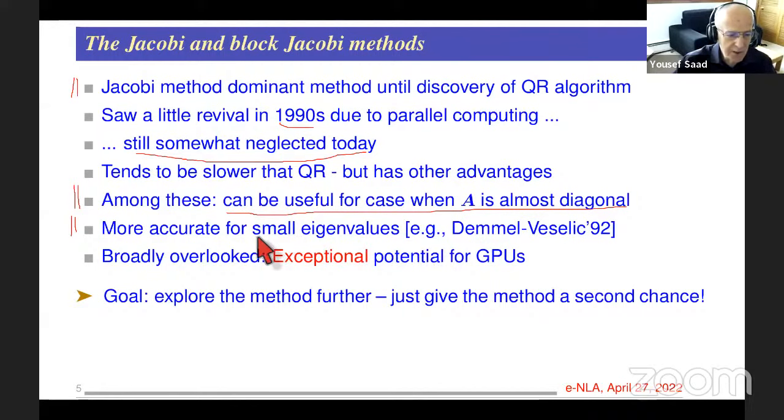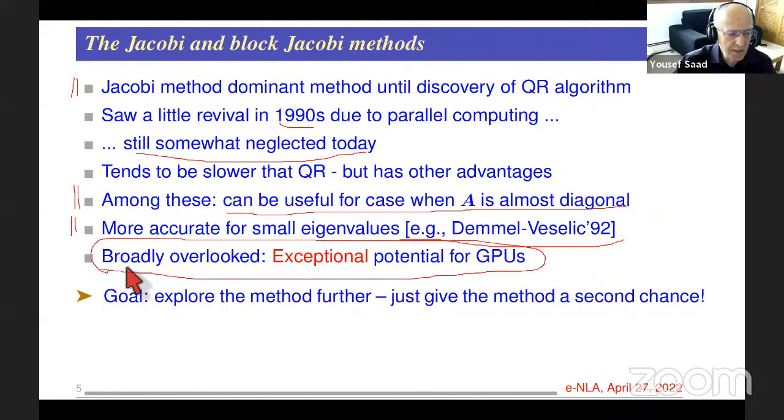This is work that was started by Wilkinson, and then Demmel and Veselić showed some results in the 90s that show that this is more accurate. But I think the more interesting aspect for me is that I believe it has a great potential for GPUs, and I think this is probably overlooked.